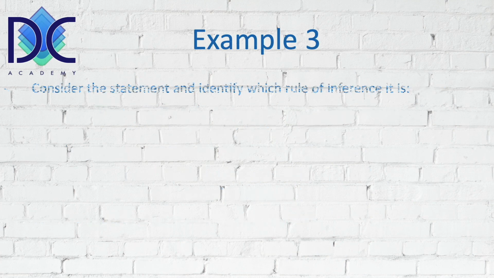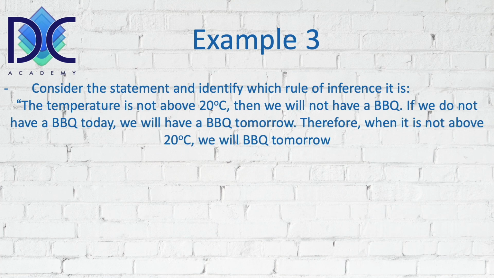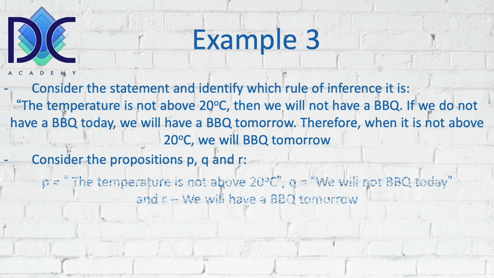In example 3, consider the statements again. If the temperature is not above 20 degrees centigrade, then we will not have a barbecue. If we do not have a barbecue today, we will have a barbecue tomorrow. Therefore, when it is not above 20 degrees centigrade, we will barbecue tomorrow. Now we have 3 propositions here, P, Q, and R. P: the temperature is not above 20 centigrade.